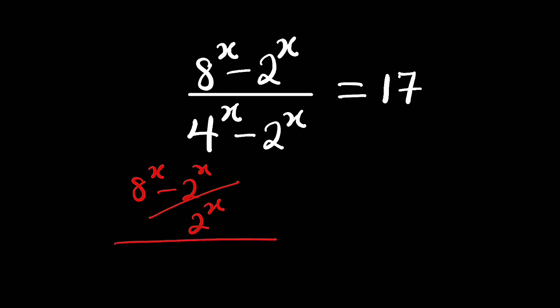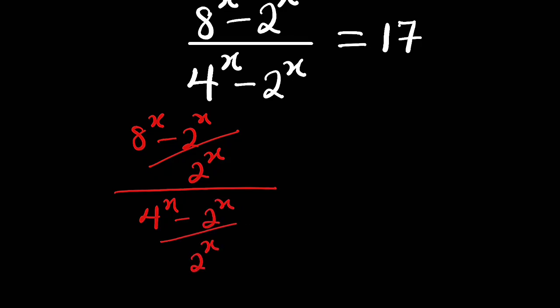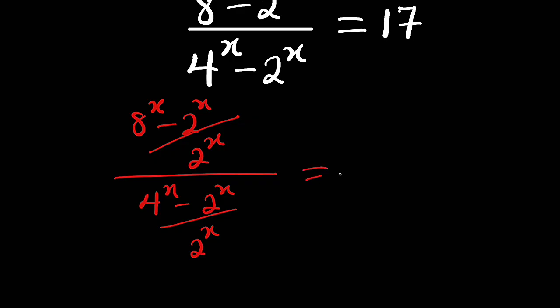You equally do the same thing to the denominator, which is 4^x - 2^x, also divided by 2^x. The fraction will remain equivalent, and this remains equal to 17.